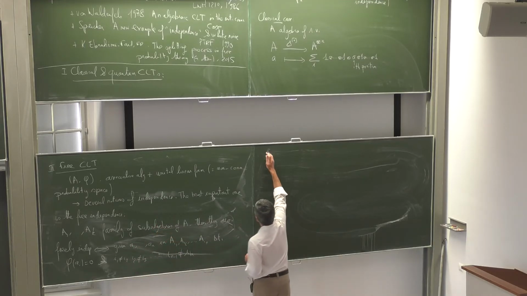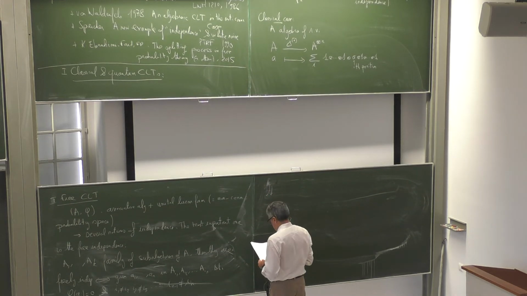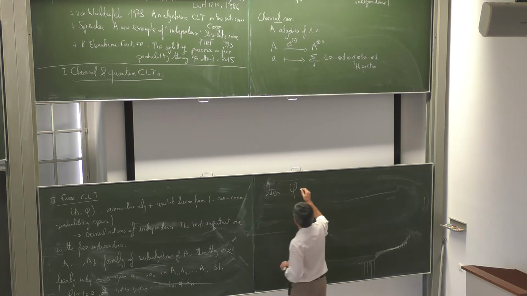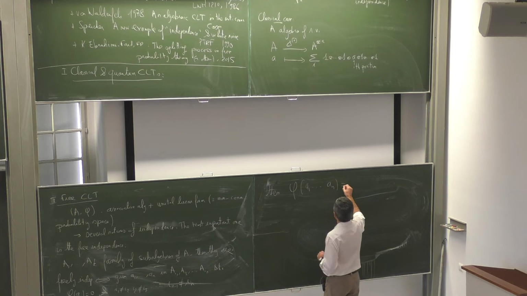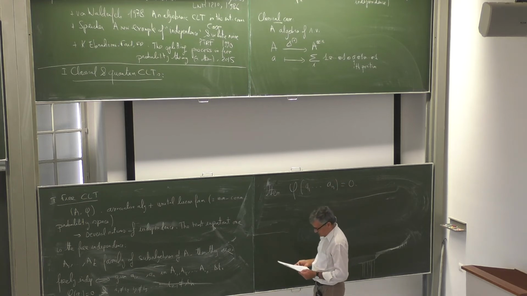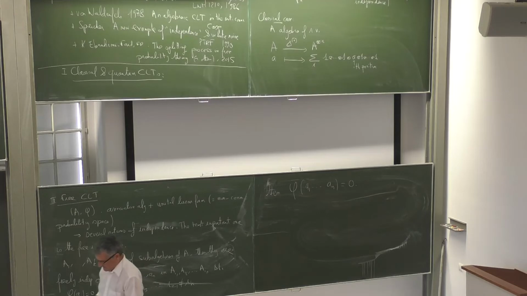Then the expectation of the product is 0. So it looks a bit strange if this is the first time you look at this definition, but it really makes sense for plenty of reasons.